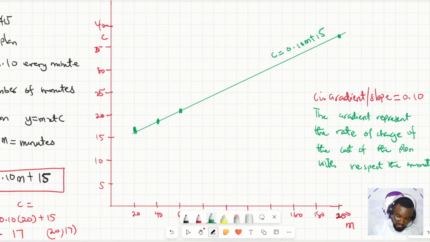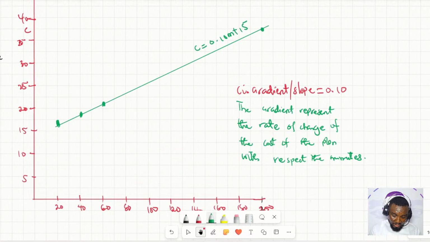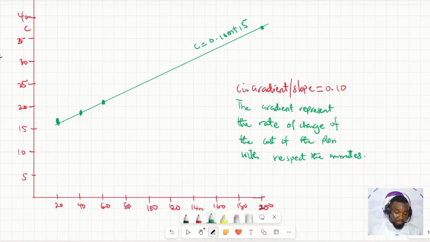So Collins have probably given us something closer, the increase in the number of calls with respect to the cost. That is very good. So we are looking at the rate of change of basically the cost of the plan with respect to the number of minutes.